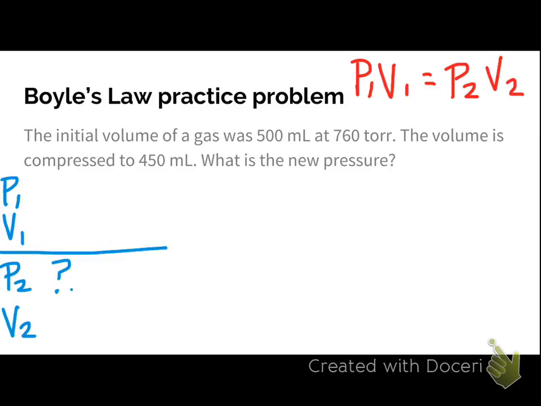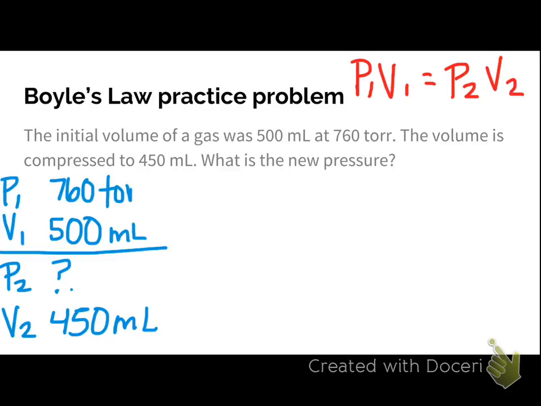It says the volume is compressed to 450 milliliters. That's our second volume, the volume we're ending with. The initial volume of a gas, the starting volume, is 500 milliliters, and 760 torr is our initial pressure. So we're solving for our second pressure here.